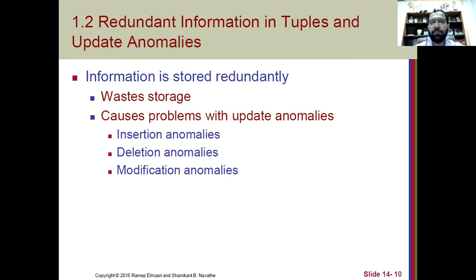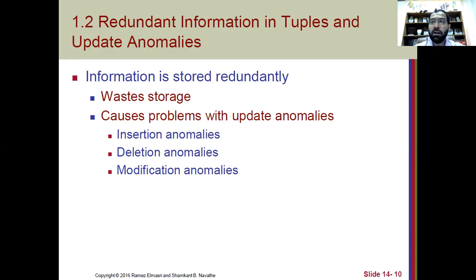The second problem: whenever you have redundant data, there are three kinds of anomalies. What is an anomaly? Simply, we can say that an anomaly is itself a problem, something which might create issues in your schema, something which has to be removed.